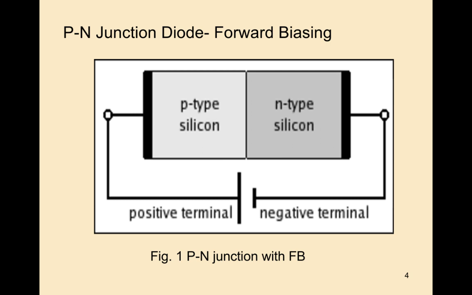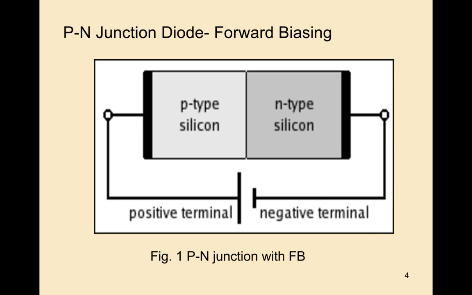Whereas reverse bias connection is nothing but taking one battery and connecting the battery positive terminal to the negative side of the device, and the negative terminal to the positive side of the device. That means we are connecting in reverse direction. Forward biasing means we are connecting battery plus to device plus, battery minus to device minus. That means true connection.